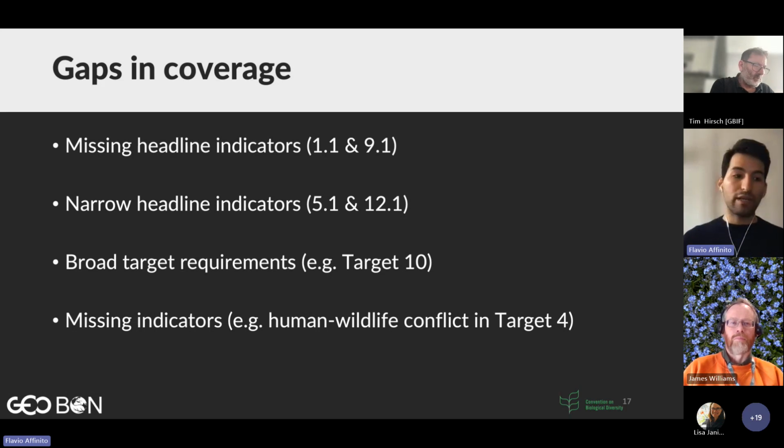So as Tim mentioned earlier, if parties use these elements to identify their priorities, they can then go to groups like the IUCN who have developed indicators for human-wildlife conflict and include those in their national biodiversity strategy and action plans to inform on these gaps that the monitoring framework cannot currently deliver on.